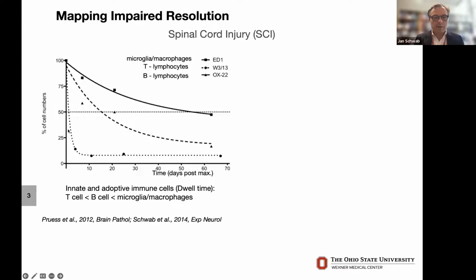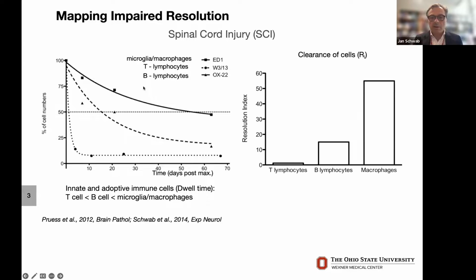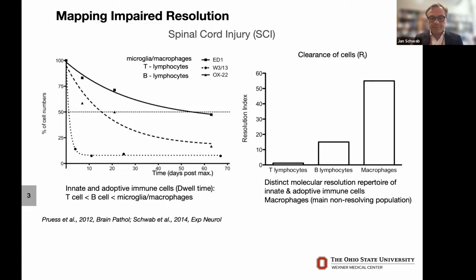The quickest ones being cleared from the lesion site are the T lymphocytes, followed by the B lymphocytes, and the microglia and macrophages are the couch potatoes. If we then further illustrate it as a resolution index, again, this is the time passing until the number of these cells has been cleared by 50%. You can see a remarkable difference, relating to different dwell times of these cells at the lesion site, and likely referring to completely different resolution receptor repertoires on their surface.